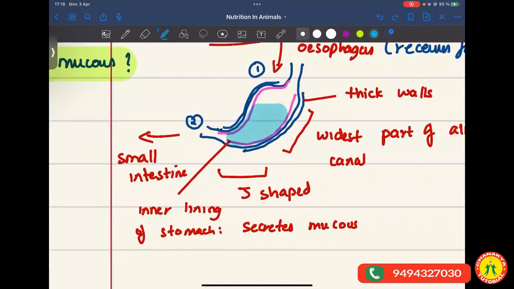And this acid is nothing but hydrochloric acid. It's a concentrated acid. If you pour hydrochloric acid in your hand, it'll make a hole in your hand. So by now there should be a hole in our stomach, but why didn't that happen? It's because of the mucus. This mucus protects the inner lining of the stomach.